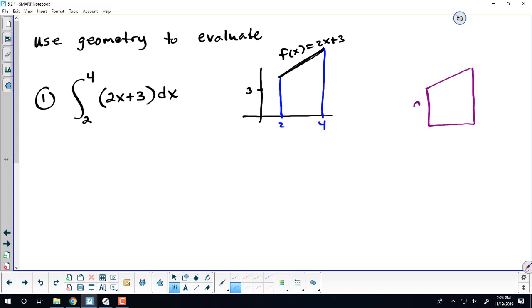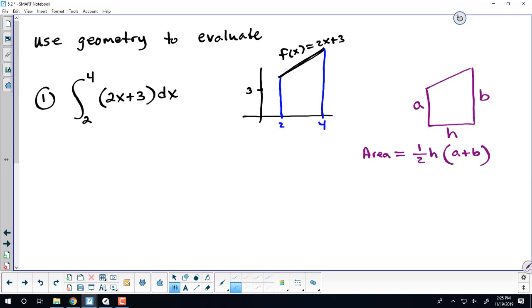But the area of these figures, with one side a, another side b, and whatever the base is, h, however you want to label that, is one half the base times the sum of the two sides. So whichever one you prefer to use, we have to use here.